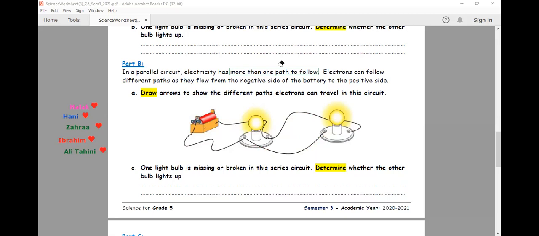Majid, show us again how electrons flow in this circuit.